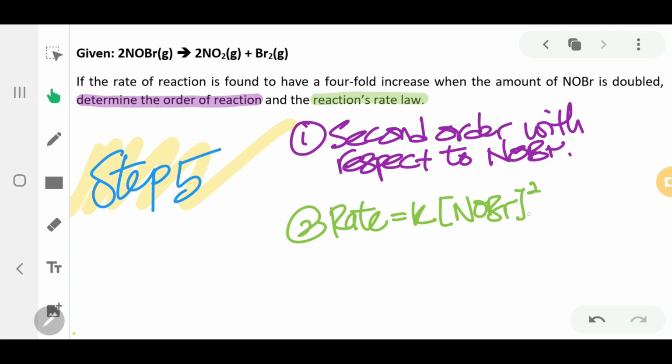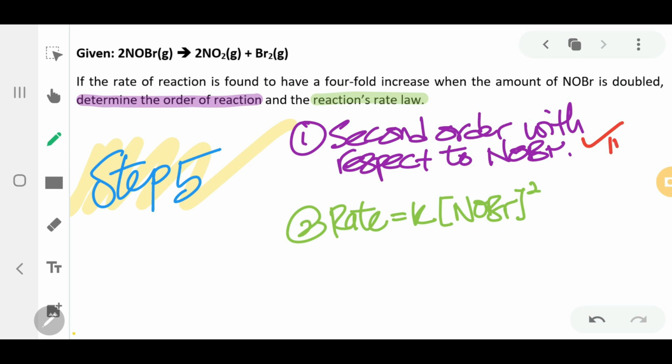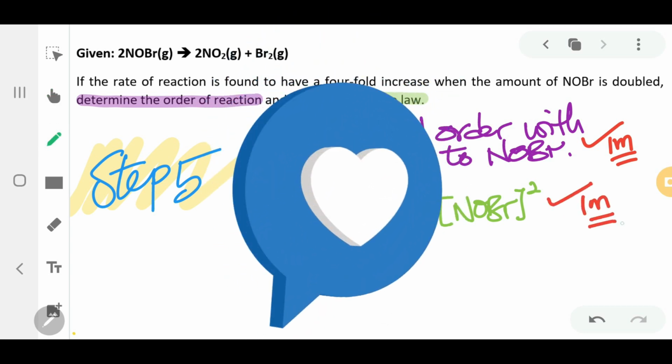Therefore, it is going to be second order with respect to NOBr. So you get 1 mark for this. And the rate law right now is rate equals K times the concentration of NOBr to the power of 2. For this, you have 1 mark.